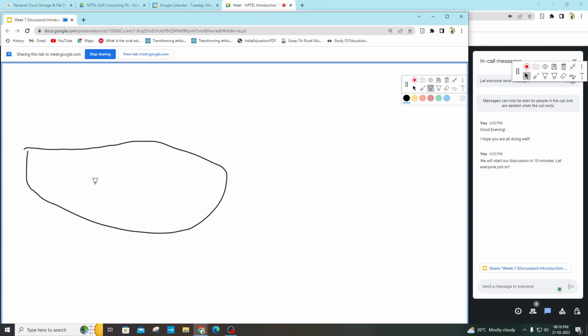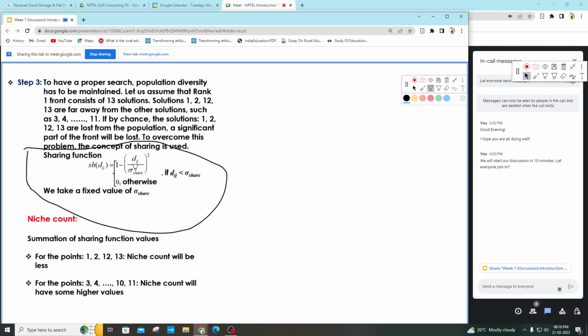After that we take a fixed value of sigma share. Sigma share, if you have studied in the notes, was denoted there as T share. So it is T share or sigma share.